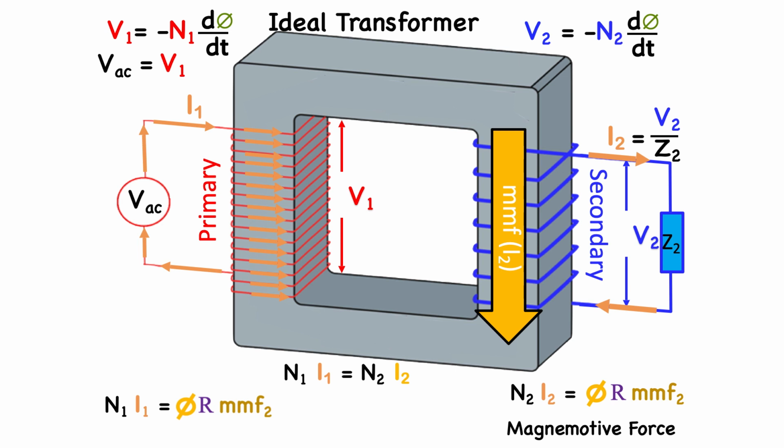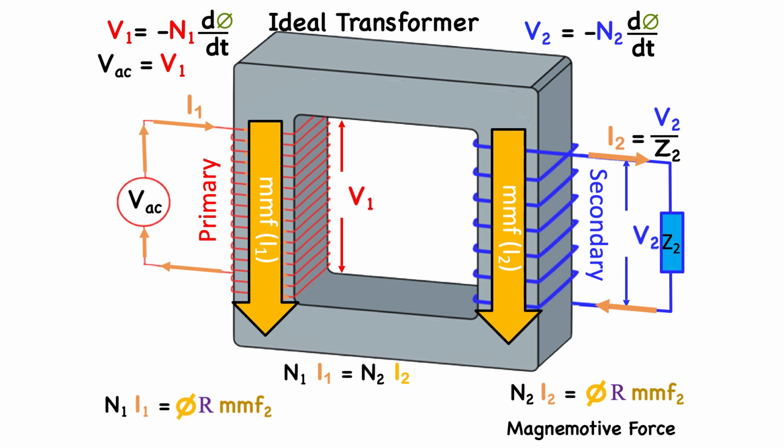So if the increase in current I2 will try to increase the magnetic flux, or MMF, which I've indicated by the MMF I2 arrow, then I1 will counteract the attempt to increase the flux, or MMF, by producing a counterflux, or MMF, in the opposite direction.